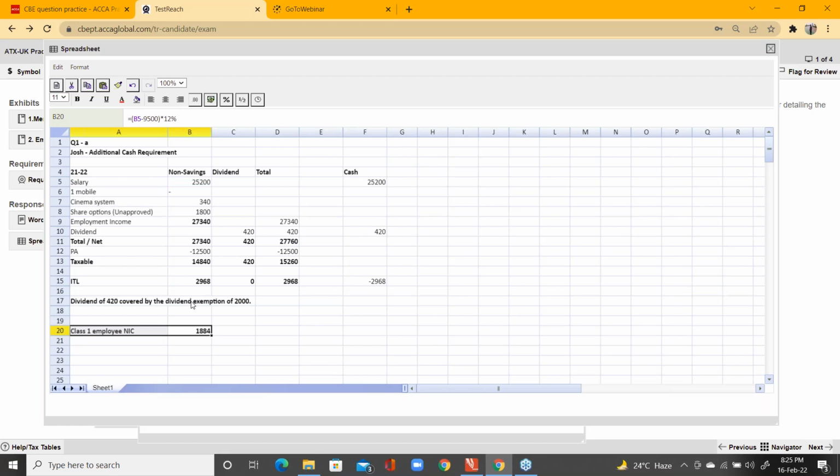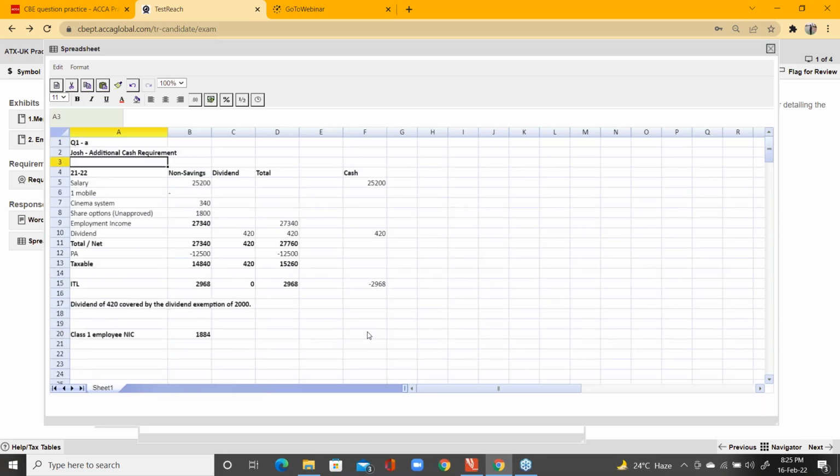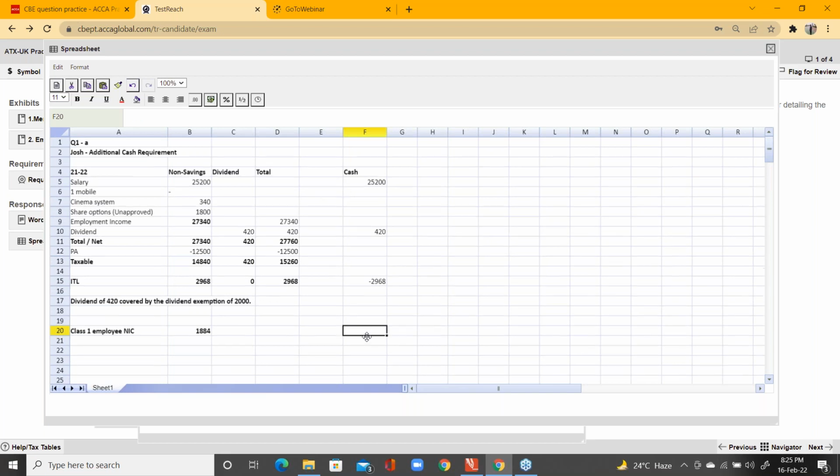Besides income tax liability, NIC is also payable. So I'm going to show it as a negative figure, equal to minus, and then selecting this cell simply means you are giving the reference.